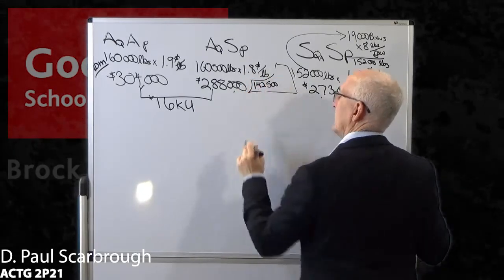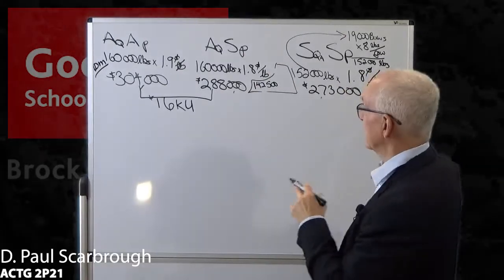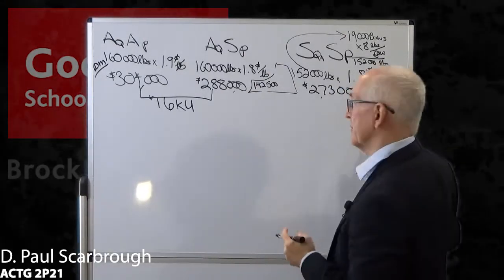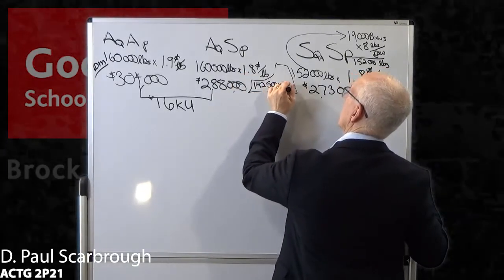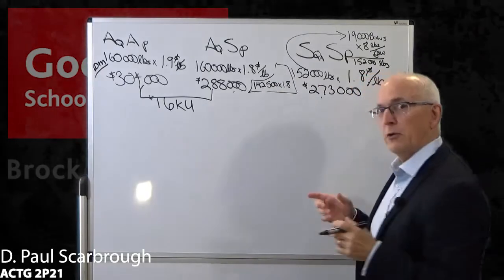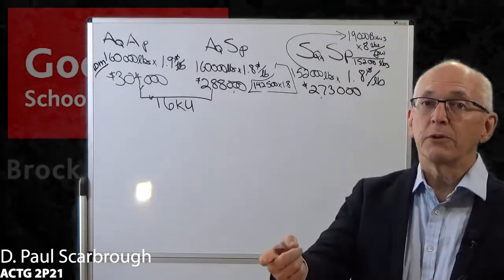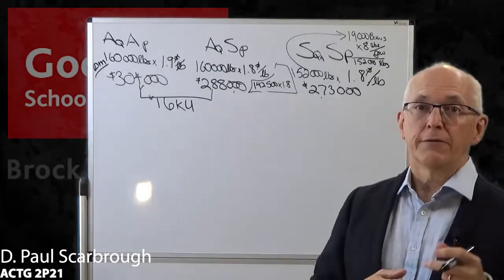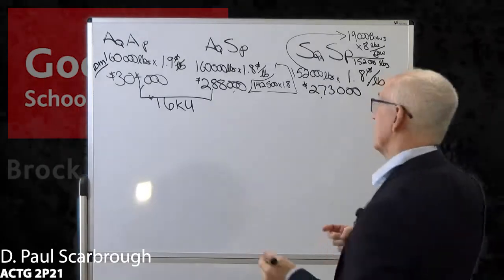So we have to take 142,500, and I'm going to cheat and do something I always tell you not to do. I'm not going to put the units on here because I have a little bit of a spacing problem. But times the SP, right? And I'm going to then compute a new flexible budget amount for the amount of direct materials used, not the flexible budget amount for the amount of direct materials purchased. And so that's 256.5.